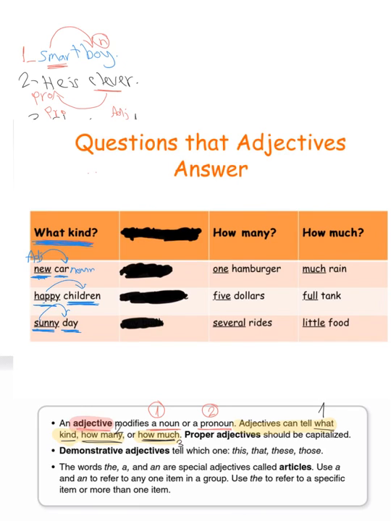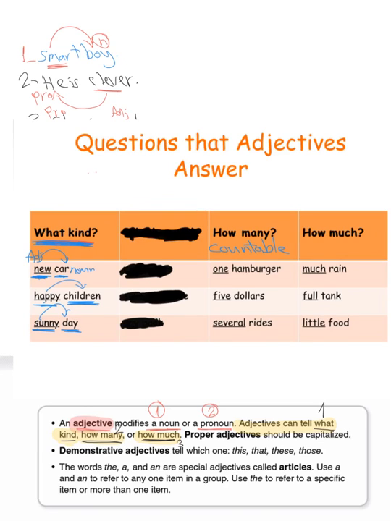Now the other questions adjectives may answer are how many and how much. The difference between the two questions: how many asks about, write with me, this note is super important, countable nouns.